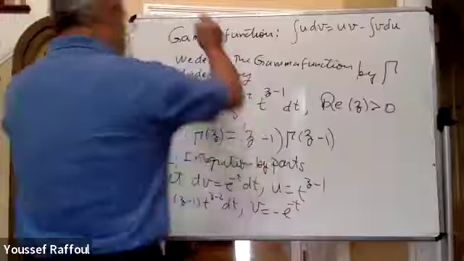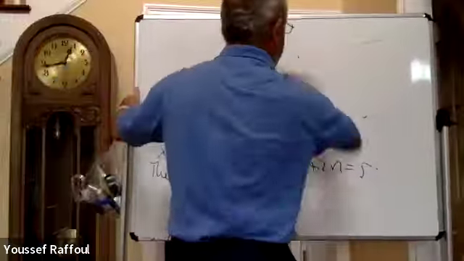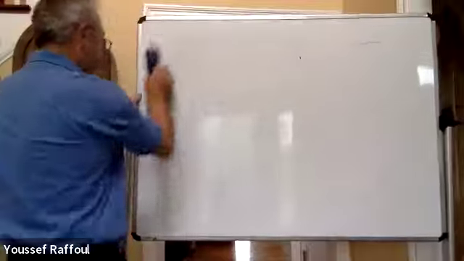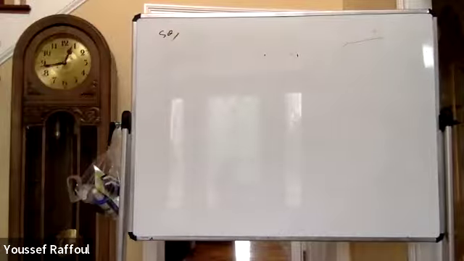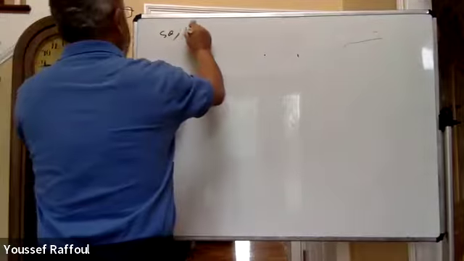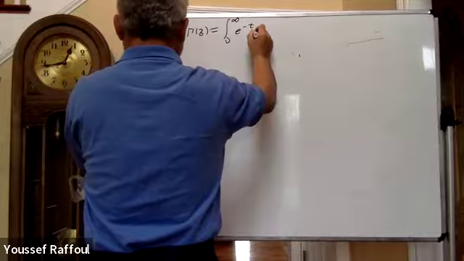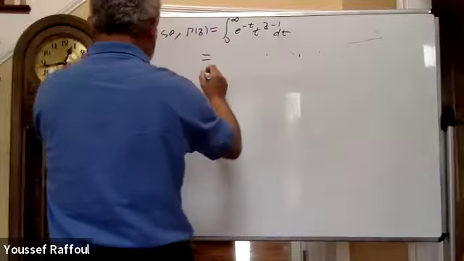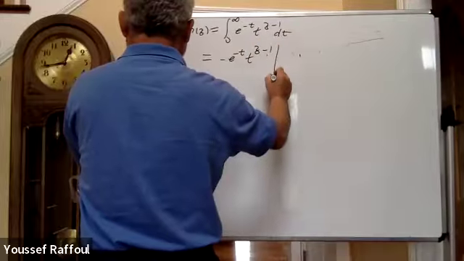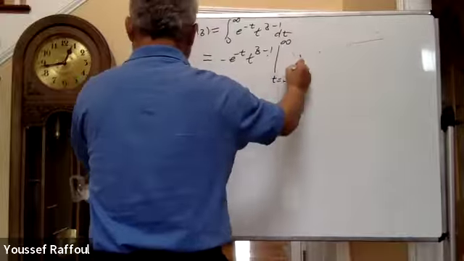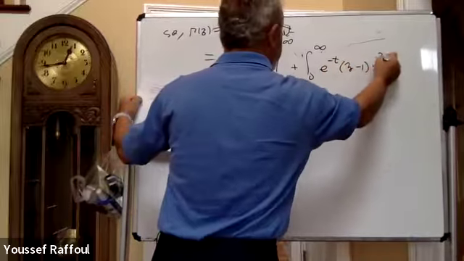Let me get this here. So gamma of z is the integral from 0 to infinity of e to the minus t, t to the z minus 1 dt, and that is minus e to the minus t times t to the z minus 1, that's u times v, from t equals 0 to infinity, plus the integral from 0 to infinity of e to the minus t, z minus 1, t to the z minus 2 dt.